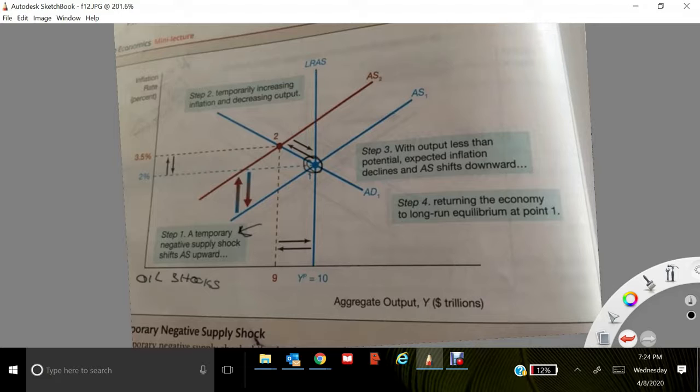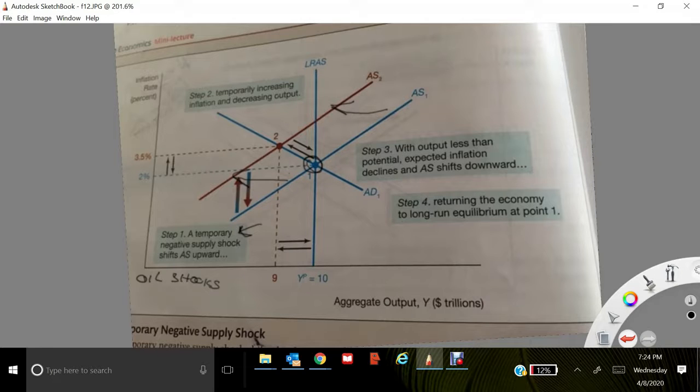So we have, as a result, the supply curve, aggregate supply, shifting to the left, resulting in the worst possible case, when you have a temporary supply shock to the left.